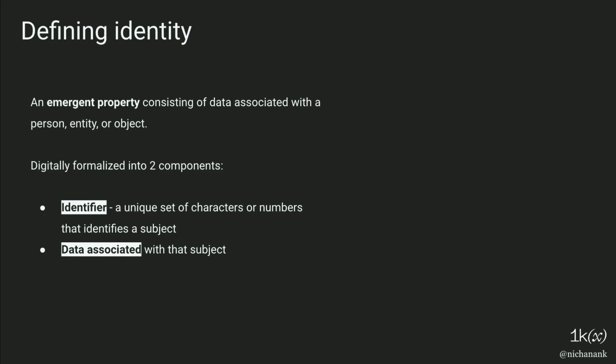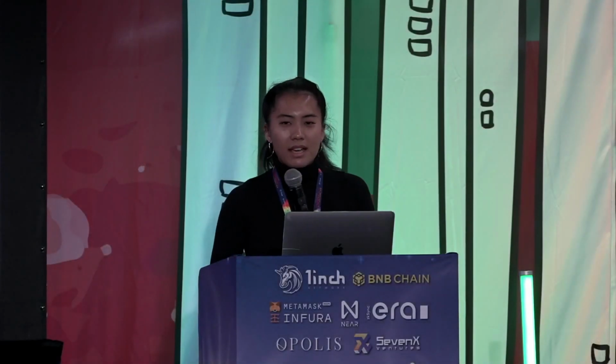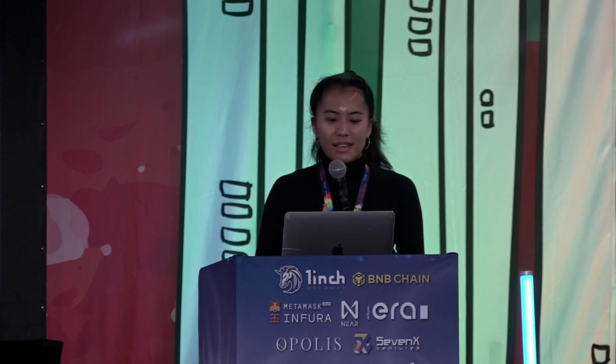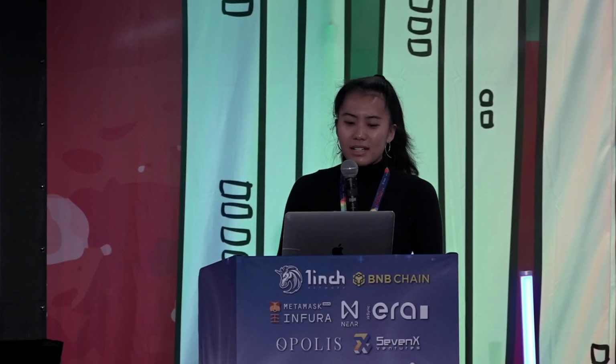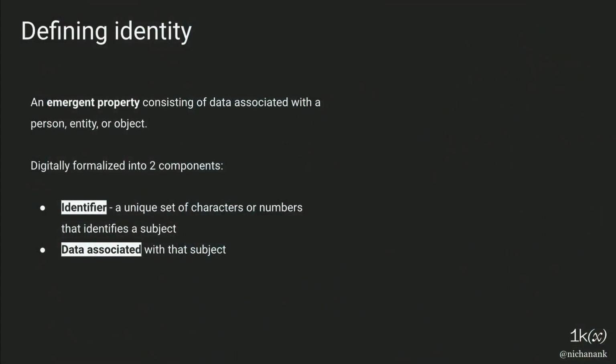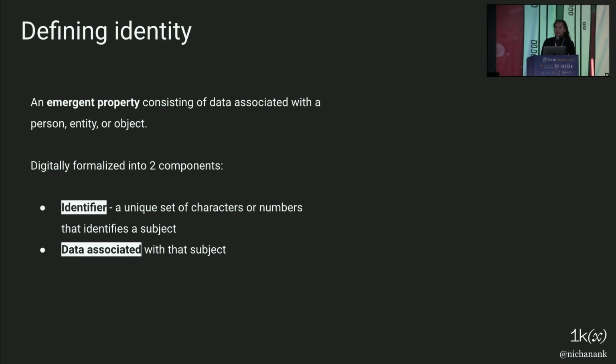Okay. So first, just to define identity a little bit, broadly speaking, identity is an emergent property that consists of data associated with a person, or it can be an entity or an object. So in the physical world, we kind of hold these loose associations around as mental associations in our heads.